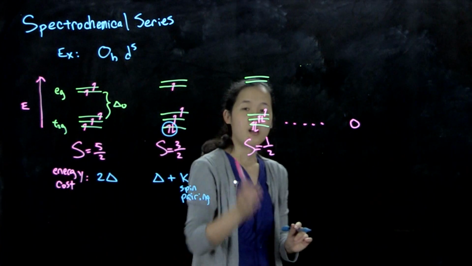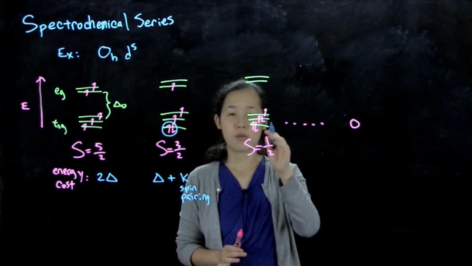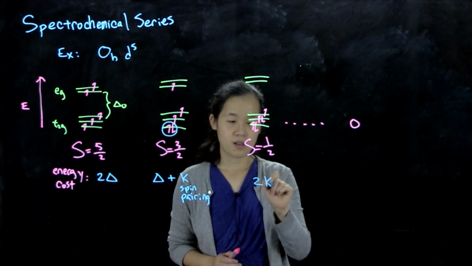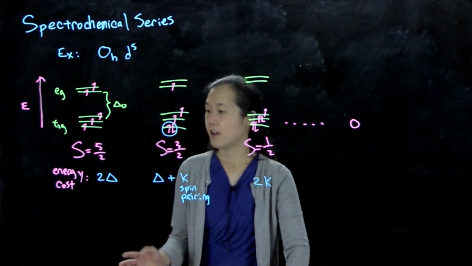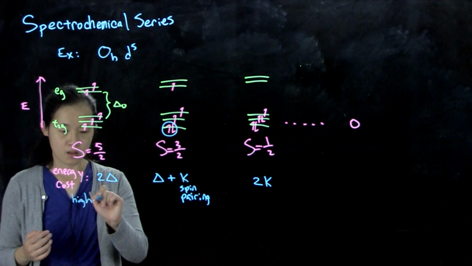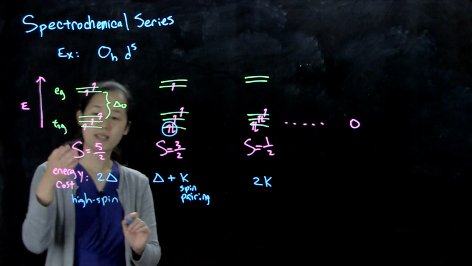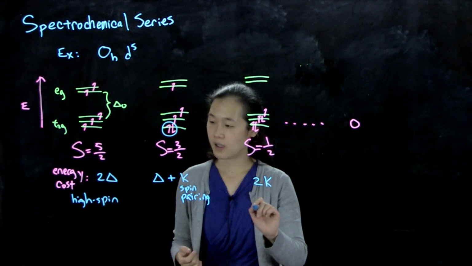And then here, we've put no electrons across this delta, so there's 0 delta, but we had to pay the cost of 2K. So what determines whether we have this high spin, so this is high spin because that goes 5/2, or this low spin configuration where we start pairing electrons preferentially?